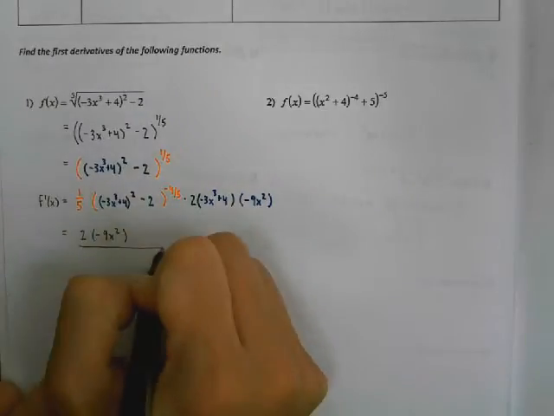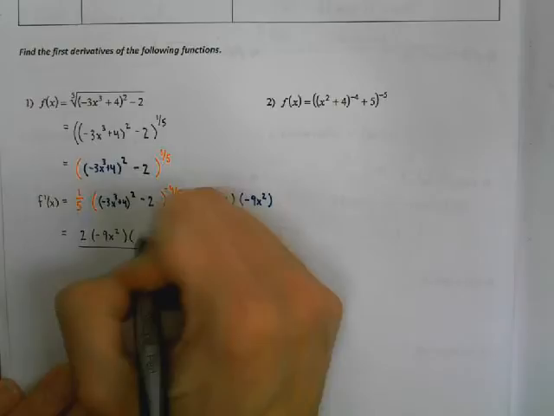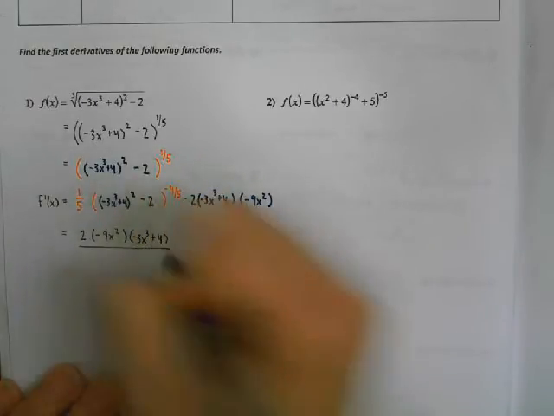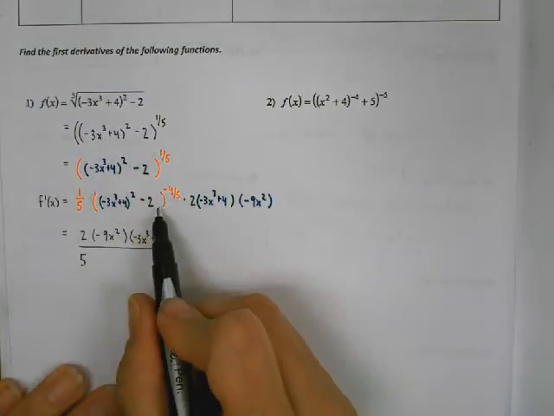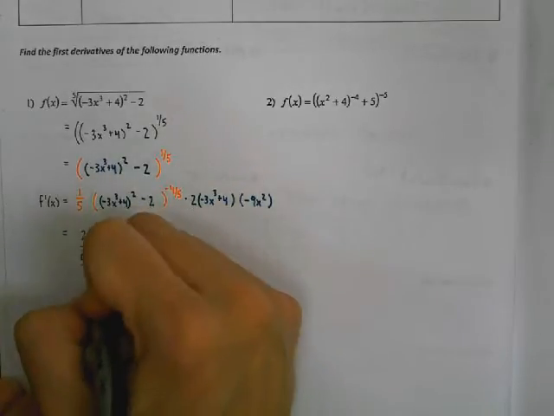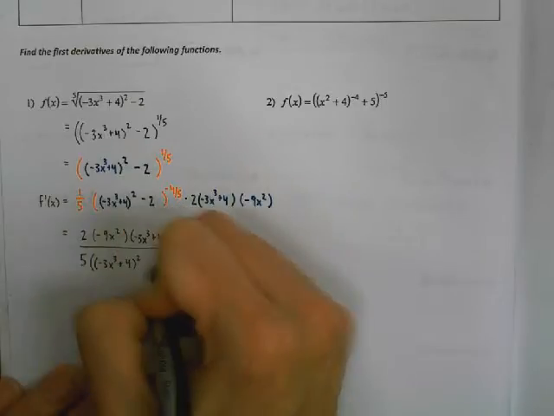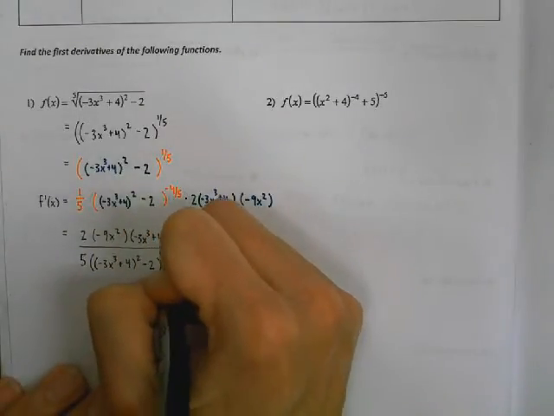Before I move on, I've still got my negative 3x cubed plus 4, which is also going to stay in the numerator. My 5 is down in the denominator, and this negative exponent I'm going to drop down to the denominator to make it positive. So that whole quantity there comes down to the denominator.